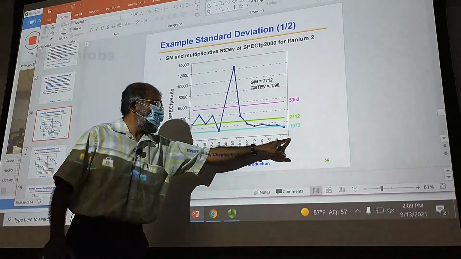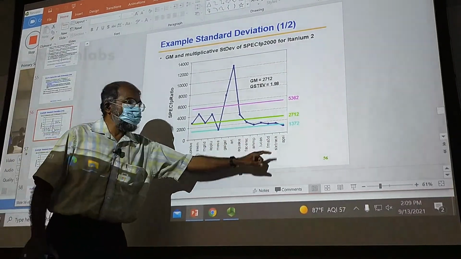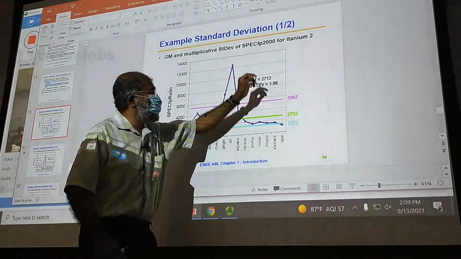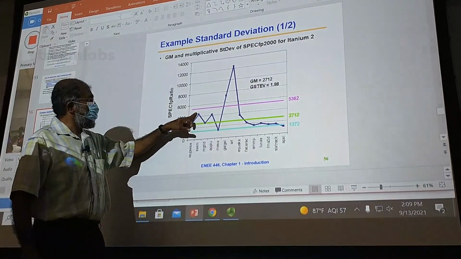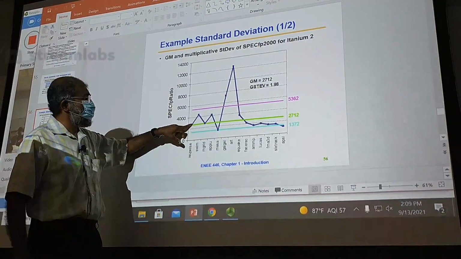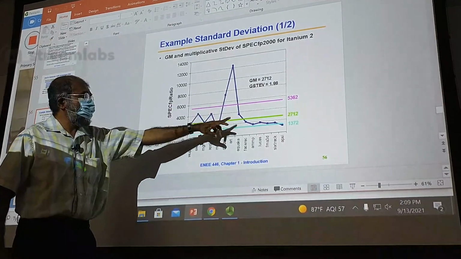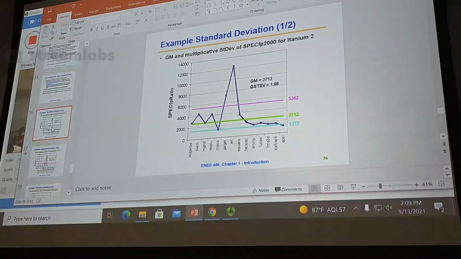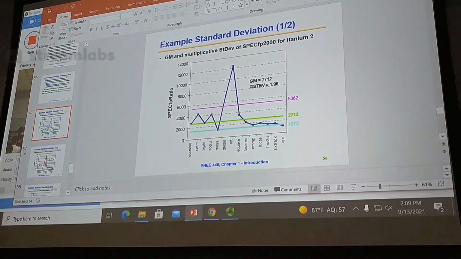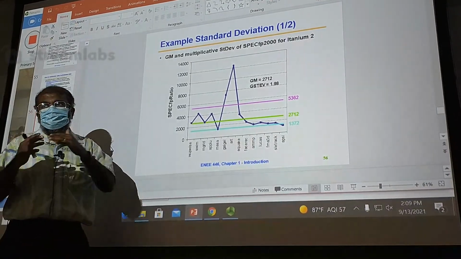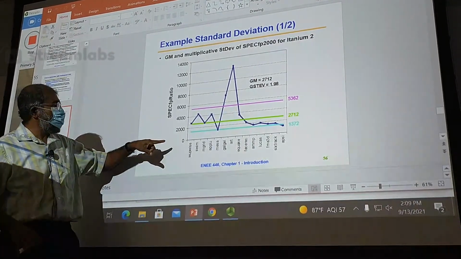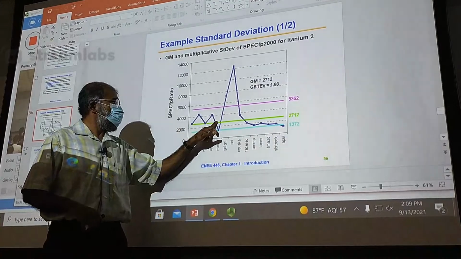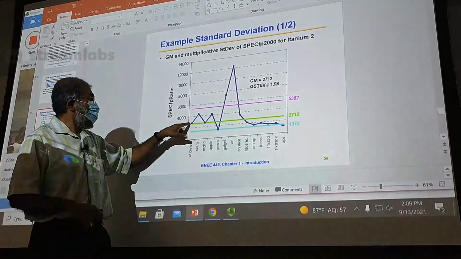So these are the SPEC 2000 floating point benchmarks. And for this particular processor, the Intel Itanium 2, these were the SPEC FP ratios. Now how do you summarize that with a single number? If we use the geometric mean, then the geometric mean here is this green line. That's the geometric mean of all these points.